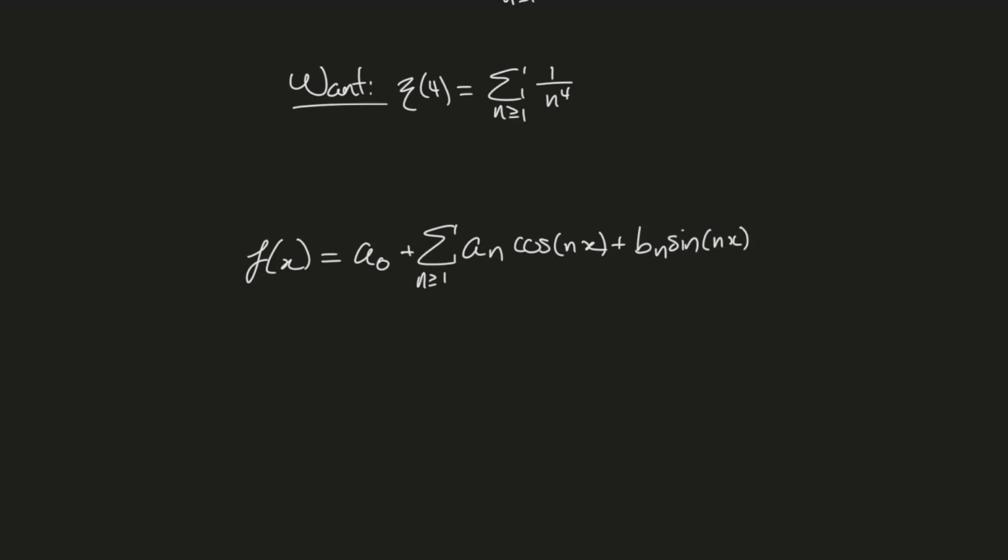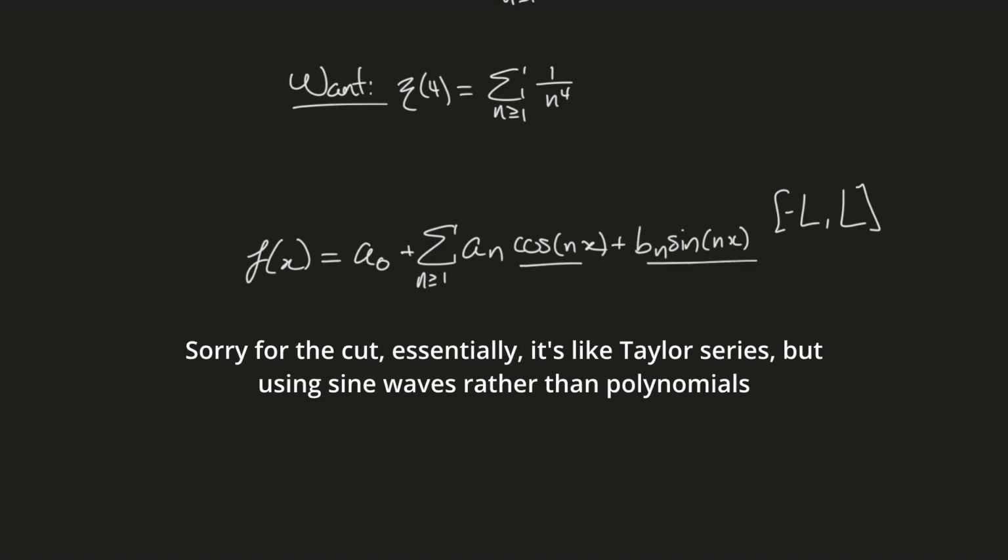And what this does is it represents a function f of x on a certain interval. By the way, this would be on some interval negative L, L. And it represents it as a sum of sine and cosine waves. It's kind of like Taylor series. If you remember Taylor series, you represent a function as an infinite polynomial sum.